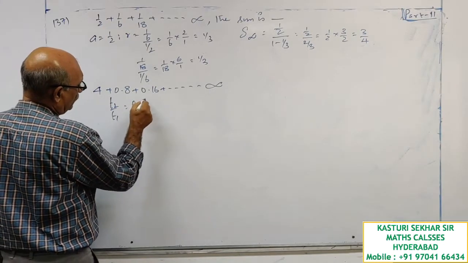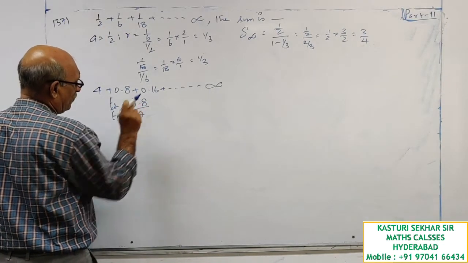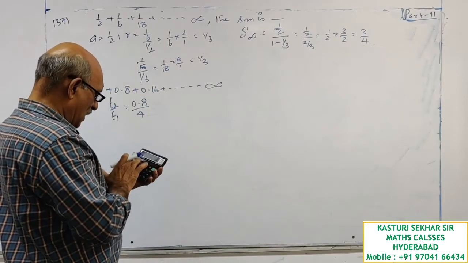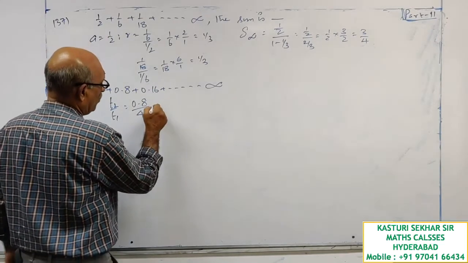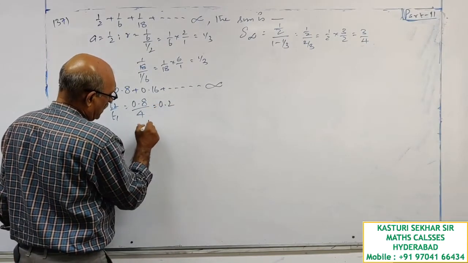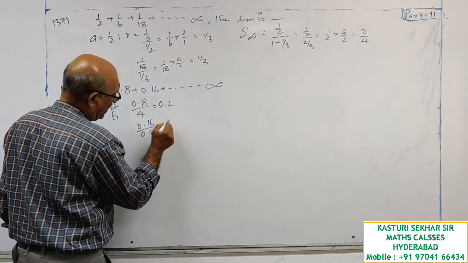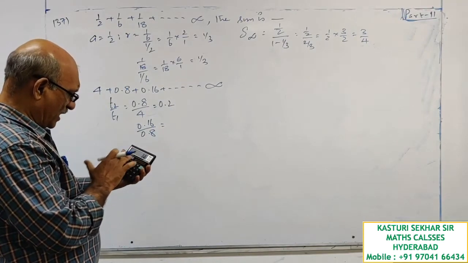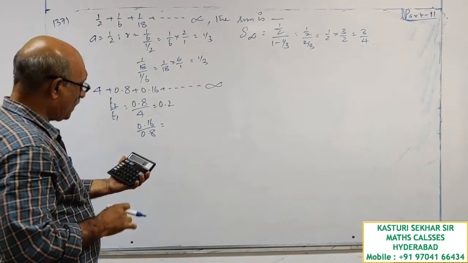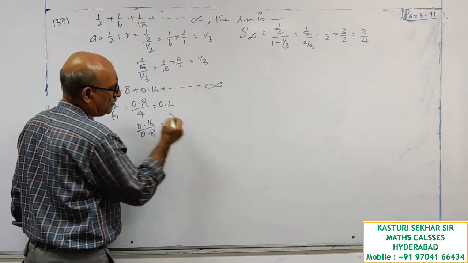T2 by T1, 0.8 divided by 4, 0.2. 0.16 divided by 0.8, 0.2.